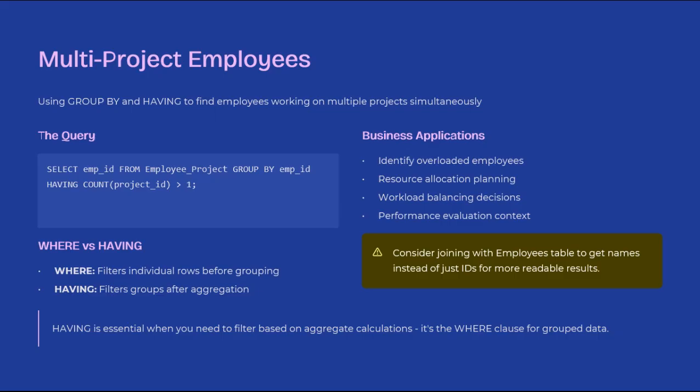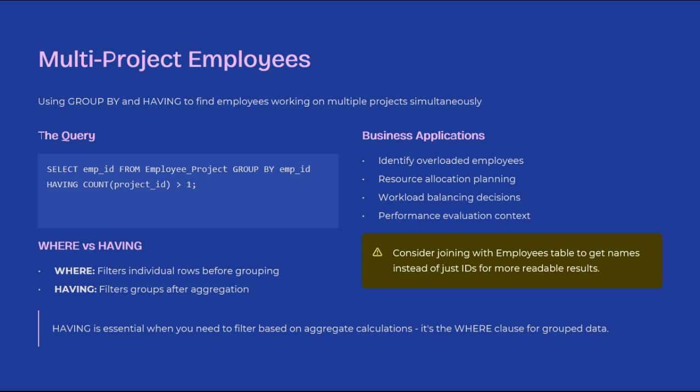Let's move to the next query. Multi-project employees. Using group by and having to find employees working on multiple projects simultaneously. The query will be select emp underscore id from employee underscore project group by employee underscore id having count project id is greater than 1. So it will give the employees where the project count is greater than 1. So where versus having, this is one of the most important interview questions again.